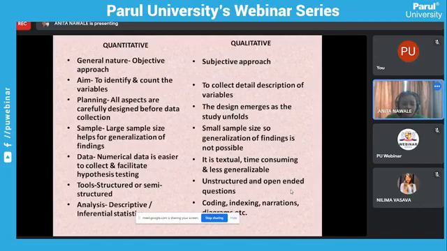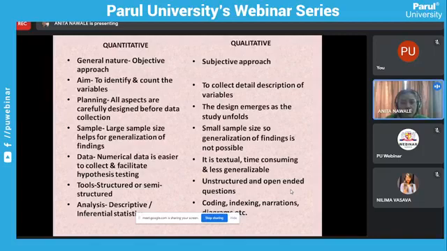Next is intensive involvement of the researcher. In quantitative, you can have assistants with you. You can tell that assistant to go and collect the data from the particular participant. You can take help of trainers. But in qualitative it is not so. The researcher himself or herself is completely involved in the data collection.